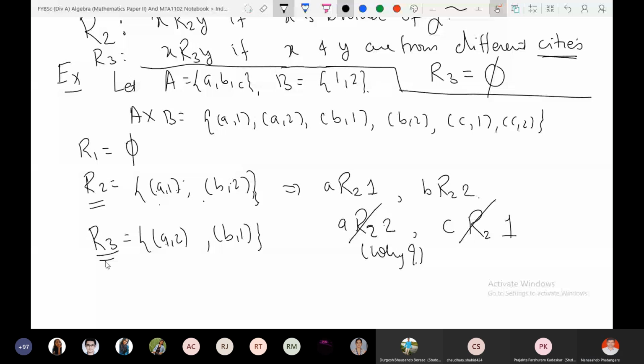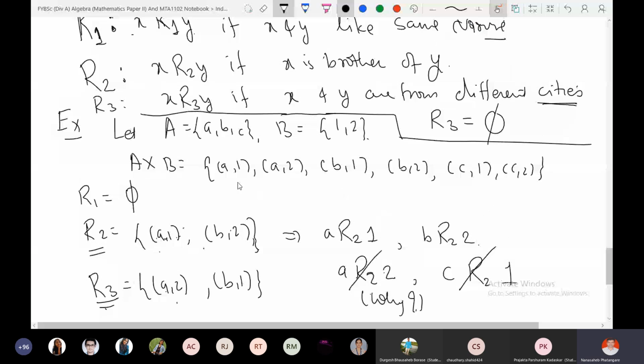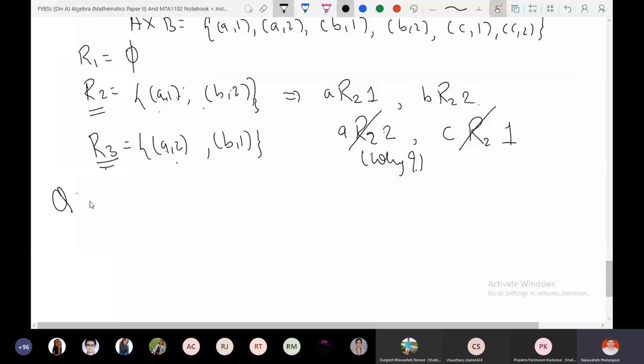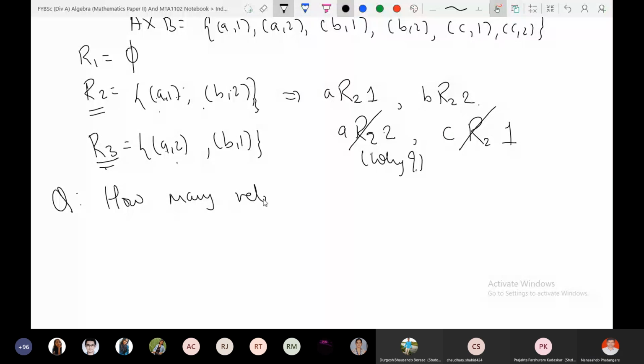Fine. Now, how many relations can you have from A to B? So the natural question is, how many relations can there be from A to B?